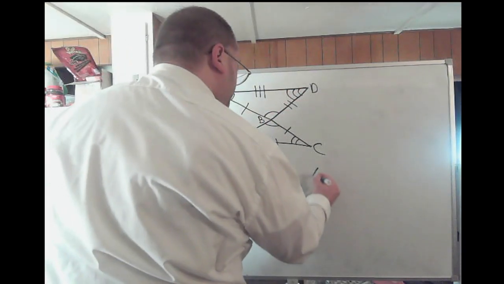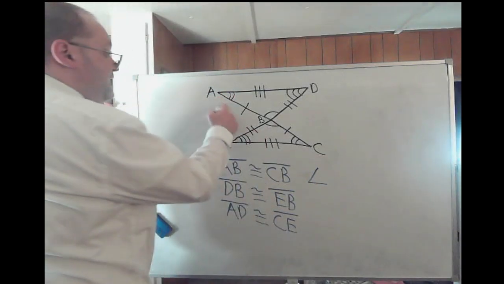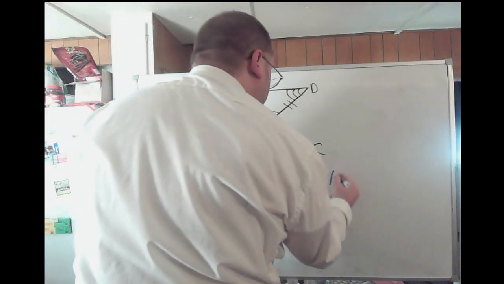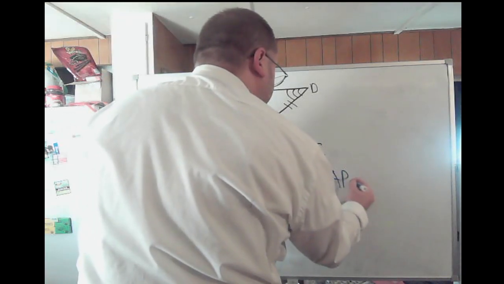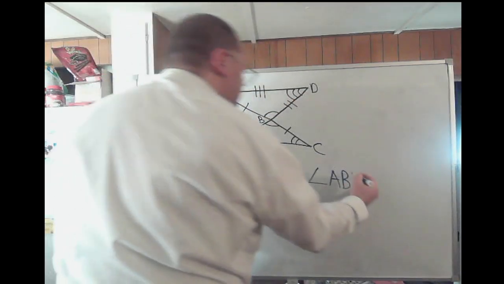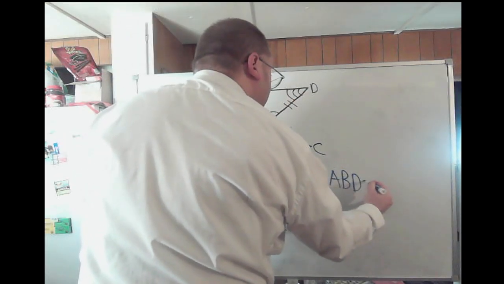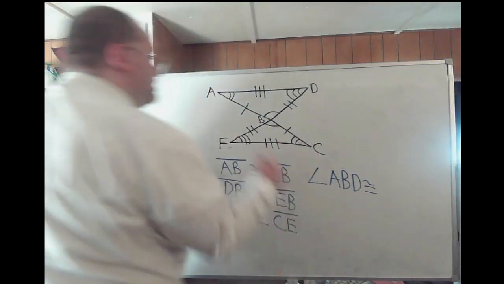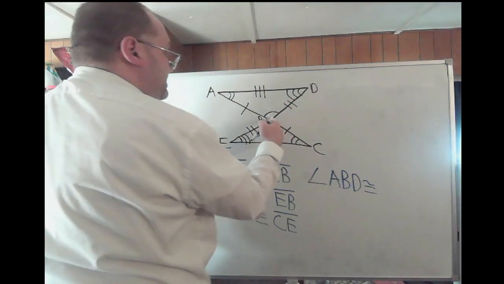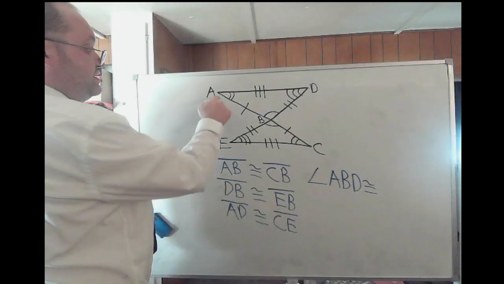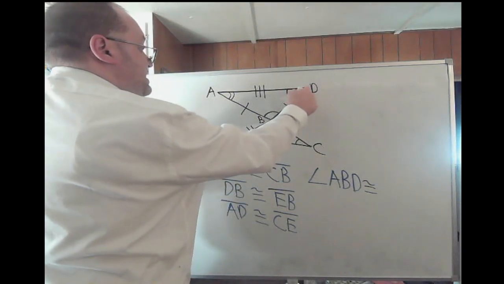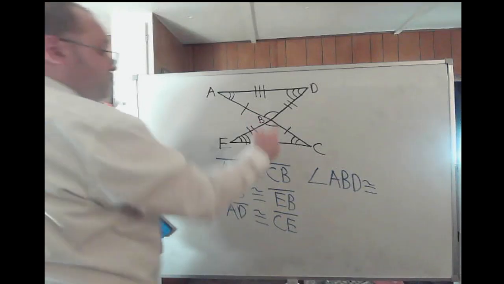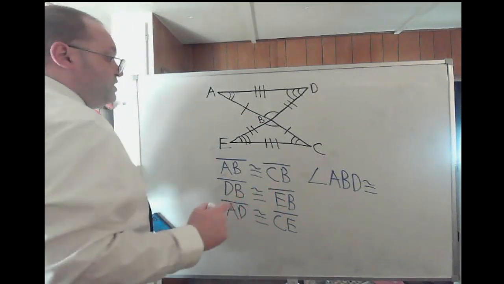For the angle, you'll start at point A, because that's where it starts. It comes together with the other line segment at B, and then it ends at D. So this is angle ABD here, because it starts at A, goes to B, and then ends at D. That's where the two line segments come together.